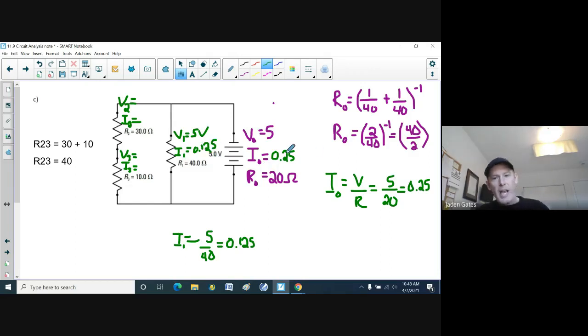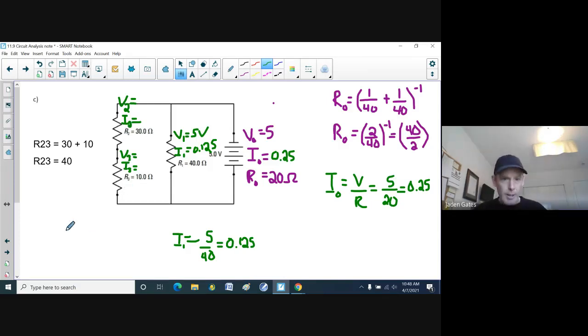Now, again, with current, this helps me figure out things, because the current coming from the source is 0.25 amps. 0.125 of that goes down this path. The rest of the current goes down the series path through load number 2 and load number 3.